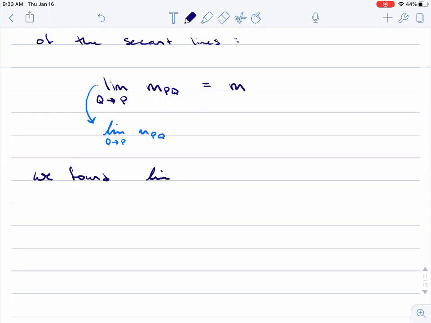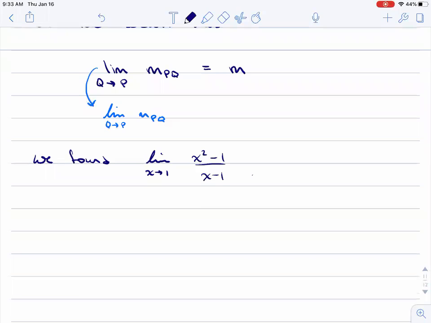So what we were changing was the Q, but specifically the X in the Q. And so the limit as X approaches 1, as we moved X closer and closer to 1, and the function we were looking at was X squared minus 1 over X minus 1. The limit of this, we decided, is probably 2.